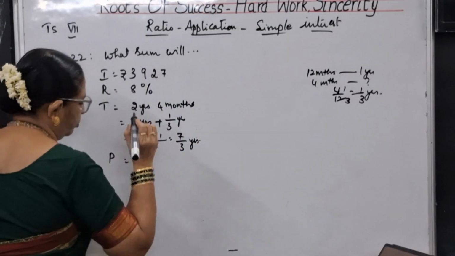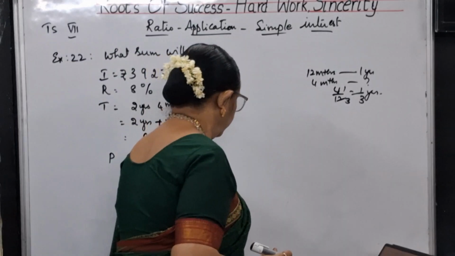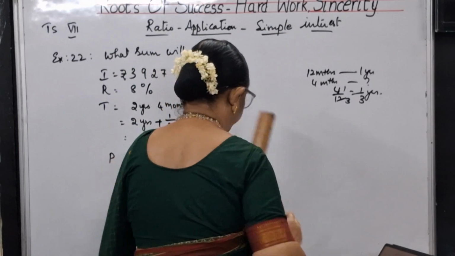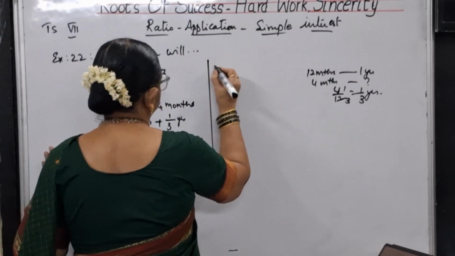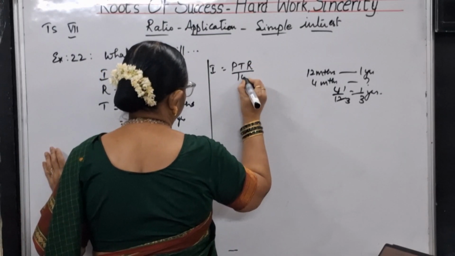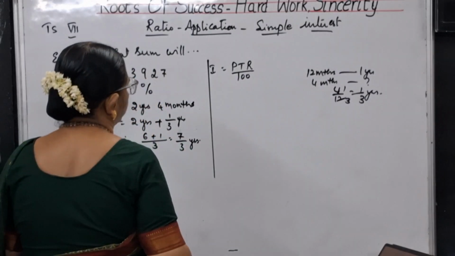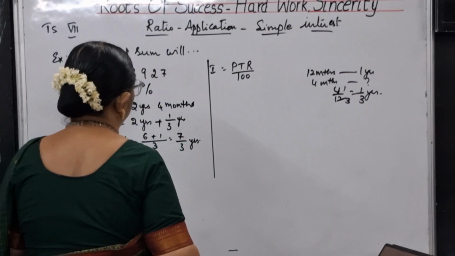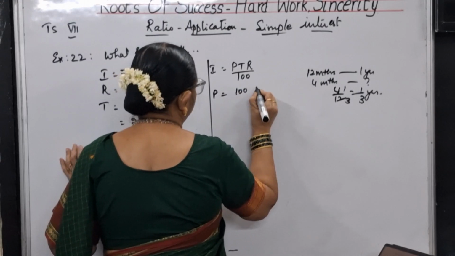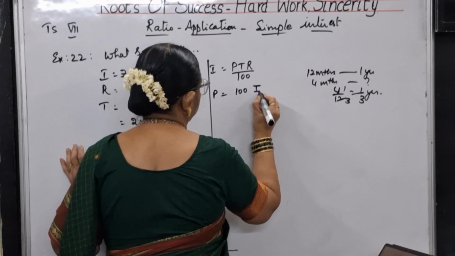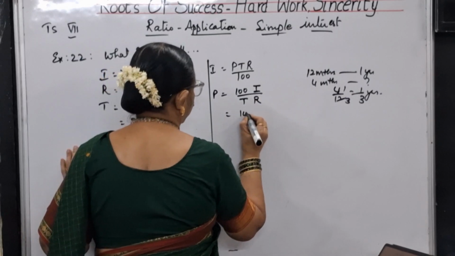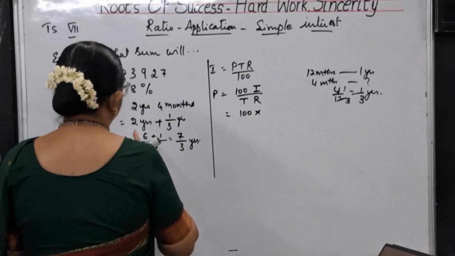And what is P? This is the question. Now we know that I is equal to PTR by 100. If you want P, what you have to do, children? P is equal to 100I by T and R. That is 100 into, what is I?